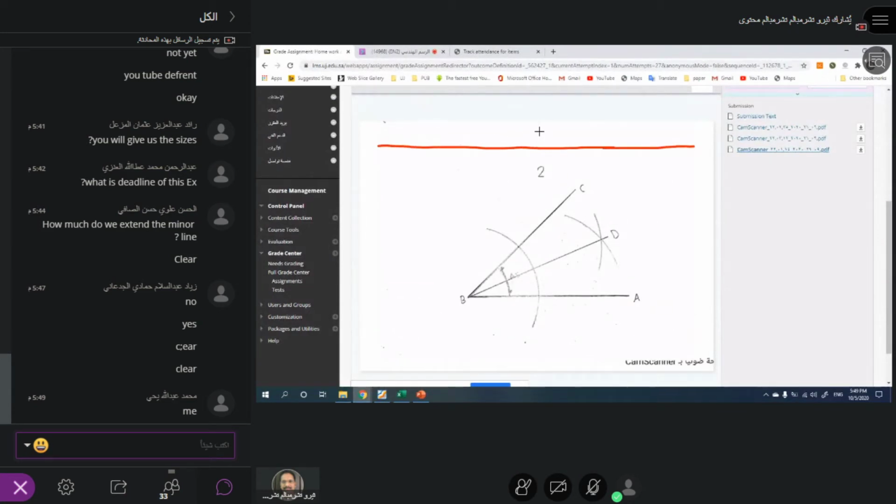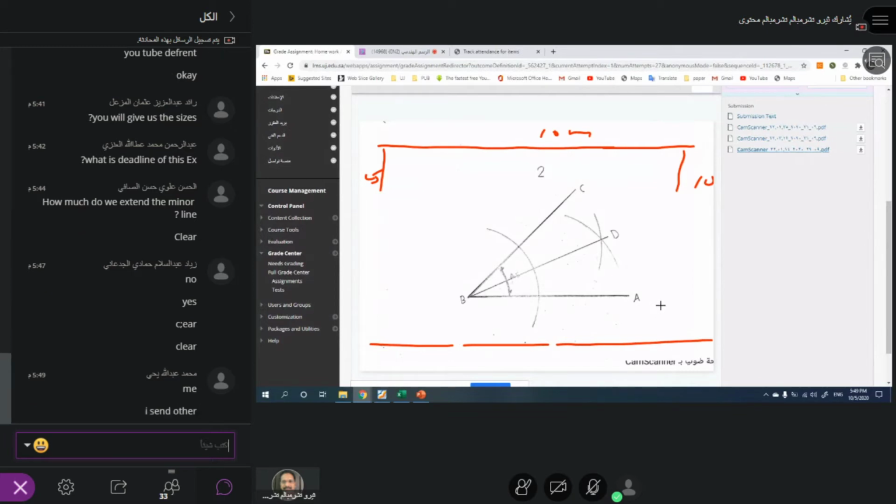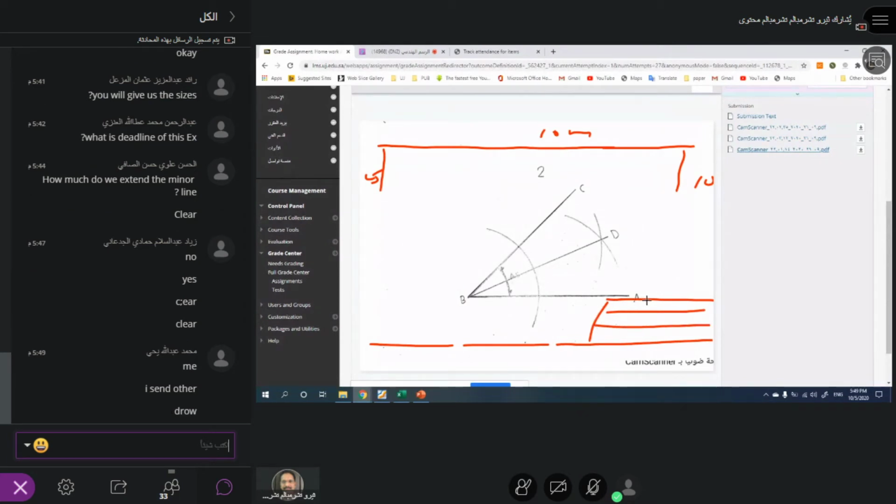The margin here is 10 mm, this side is 25 mm, and the other side is 10 mm, and the bottom also needs a margin. From the margin I want to check every time the nameplate. Here is the name, matric number, exercise, and so on. So please do this, and you'll get full marks.